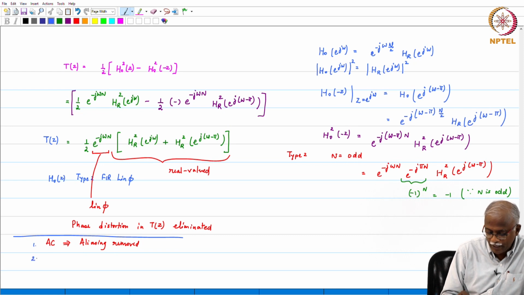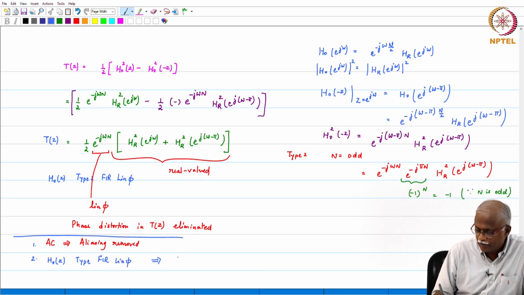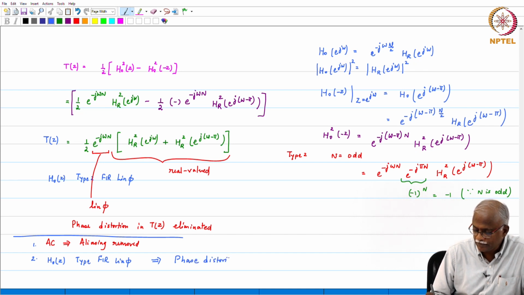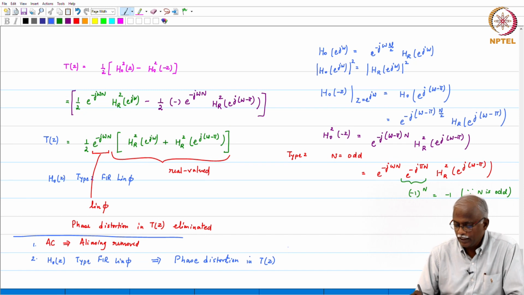Second, we have made the assumption that H0 of Z is a type 2 FIR linear phase. This implies that phase distortion in T of Z has been eliminated or removed.